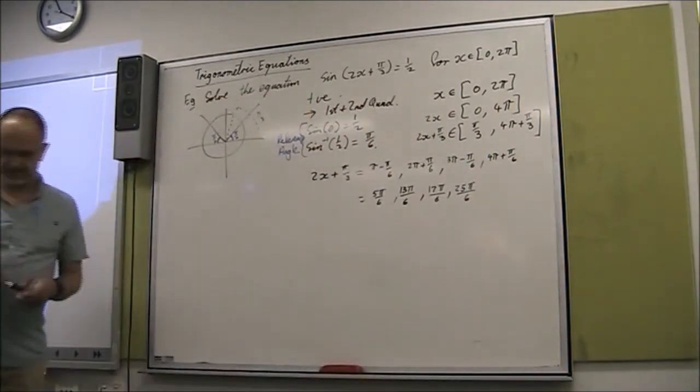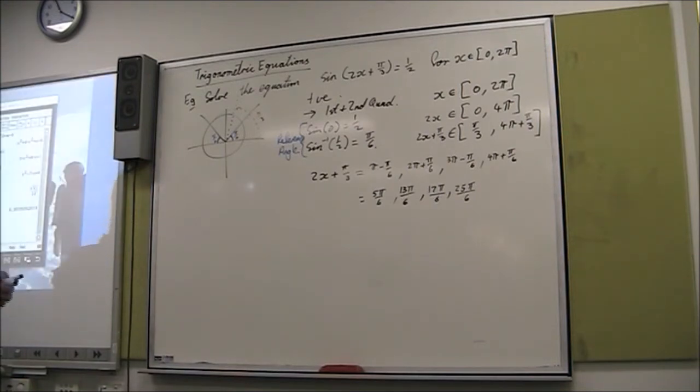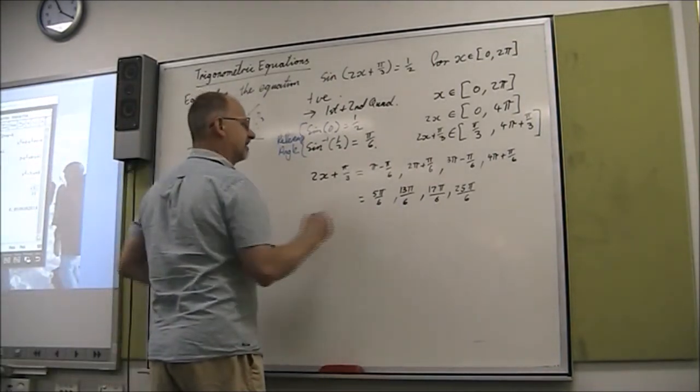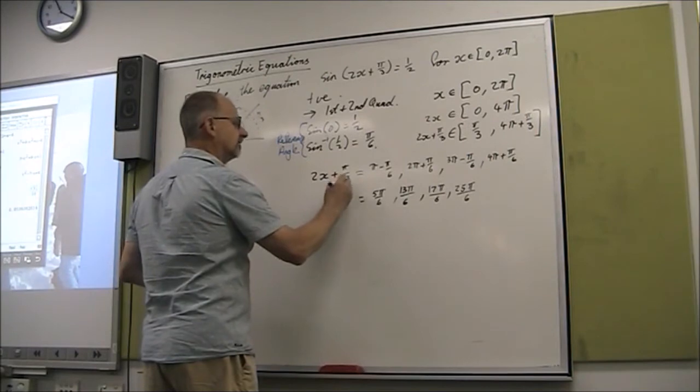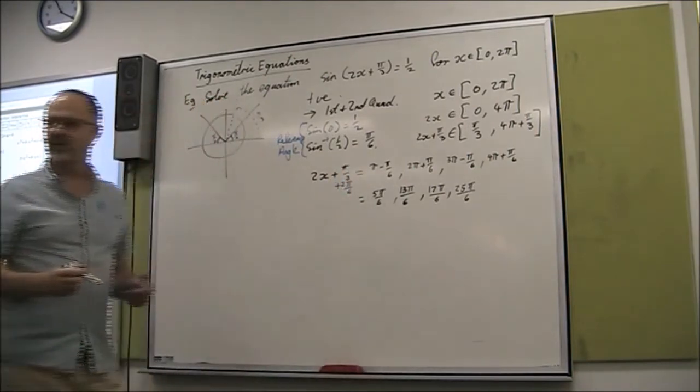Alright, and now we've just got some mucking around with some arithmetic. Because this is pi's on 6s, I'm going to change that to 2 pi on 6.